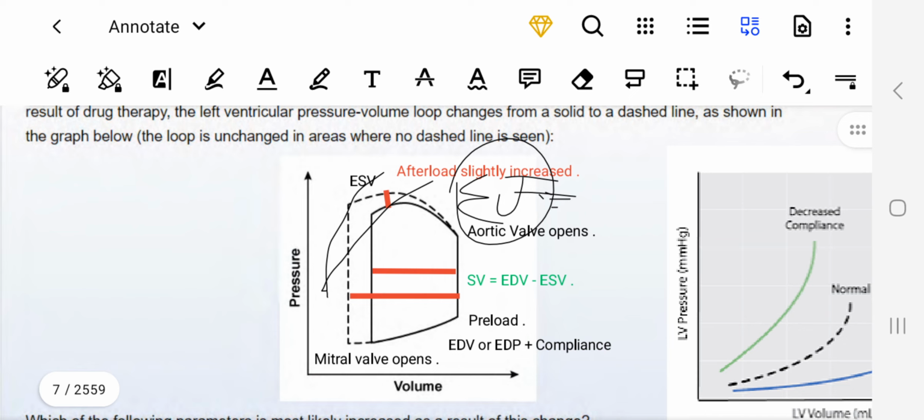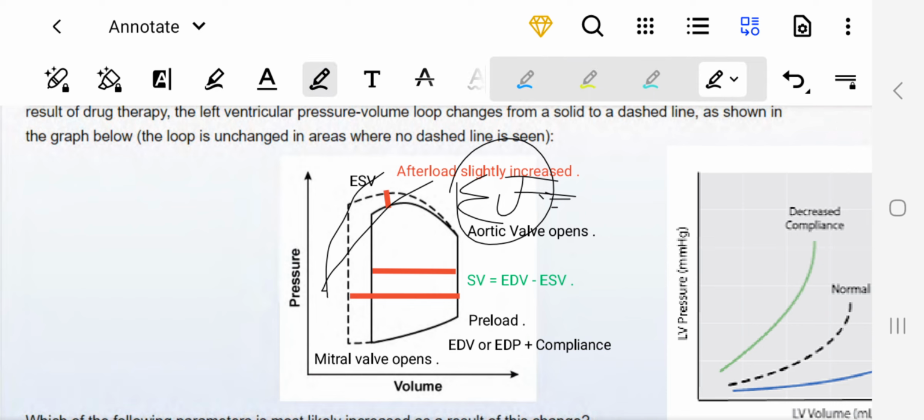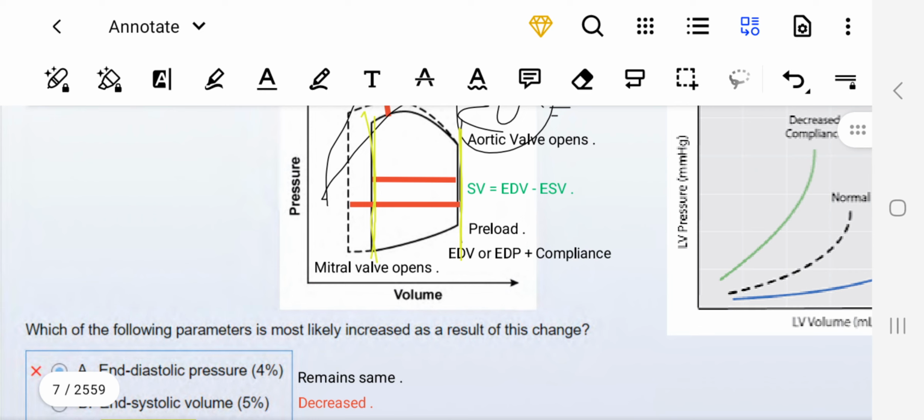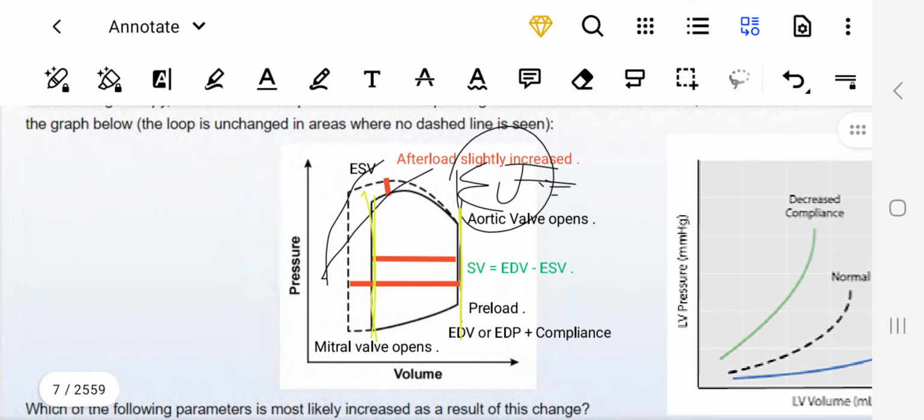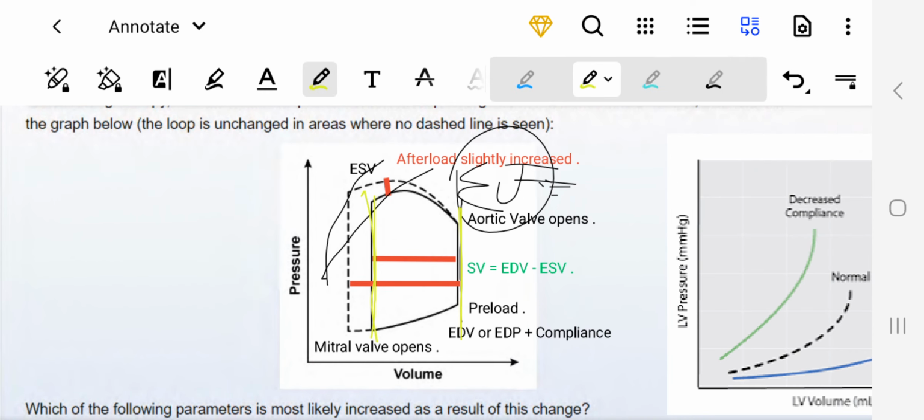And one more thing, if we look at this one, let me highlight it. This is the end diastolic volume, while this one is the end systolic volume.